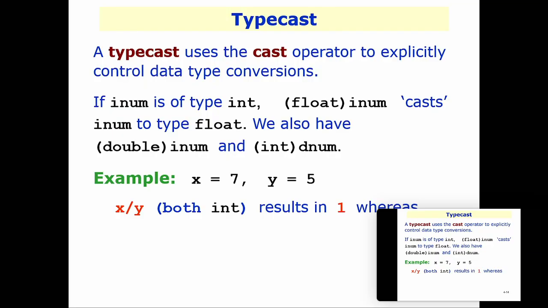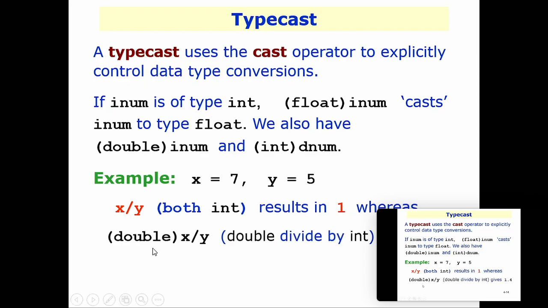Okay, then let me ask you again. Now they are all integers. 7 divided by 5 is 1. Right? So you can preserve only integer values. But now, you have a typecasting. Double x divided by y.